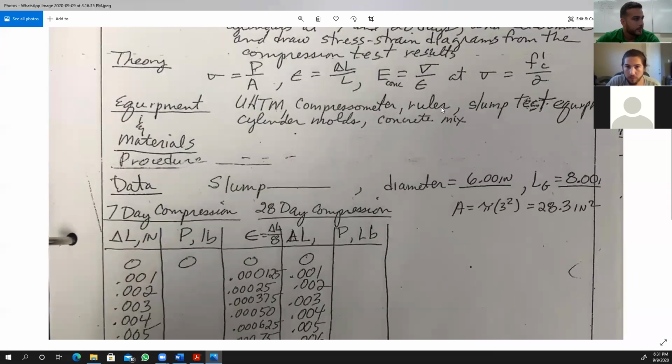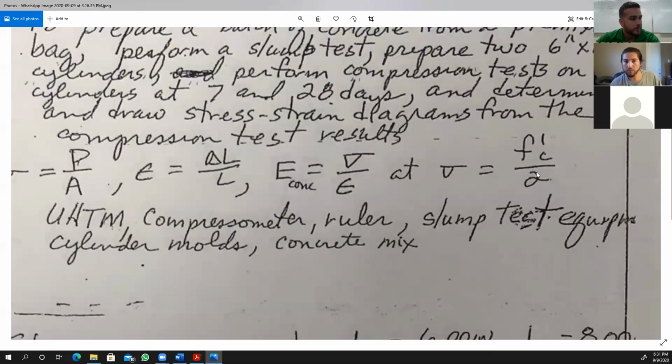Okay. Right here, in steel, you can calculate the modulus of elasticity when stress is less than yield strength. In this one, we don't have a defined yield strength. We use half of the F prime C as a point to determine the modulus of elasticity.